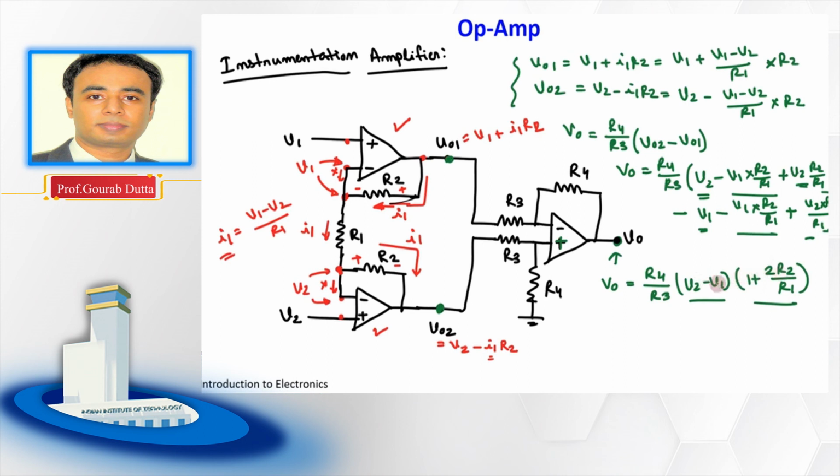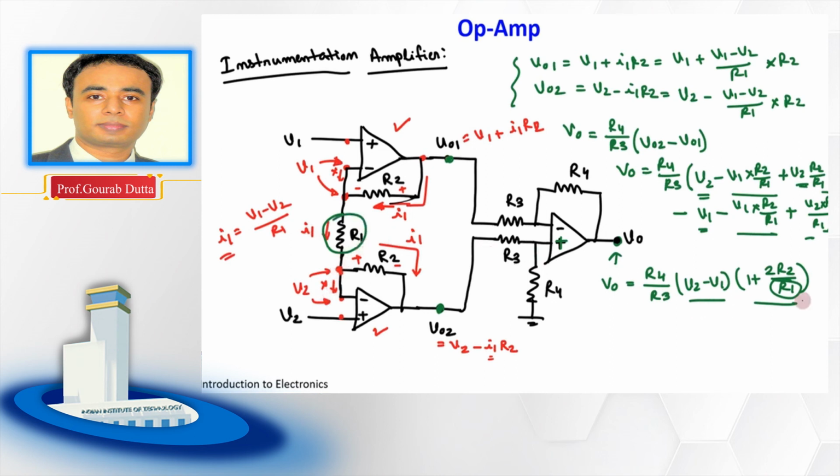Okay, so if this part is clear to you, then from here a few observations. First, regarding the gain, if you suppose want to change the gain of this amplifier, then what do you have to do? See here, gain is dependent on the value of this R1, which is this resistance.